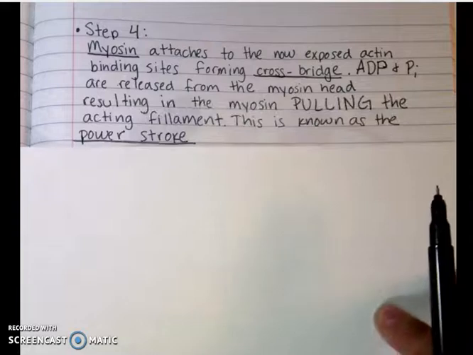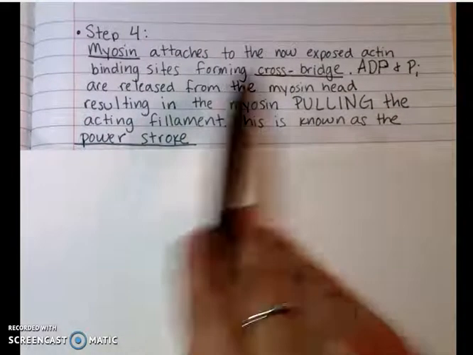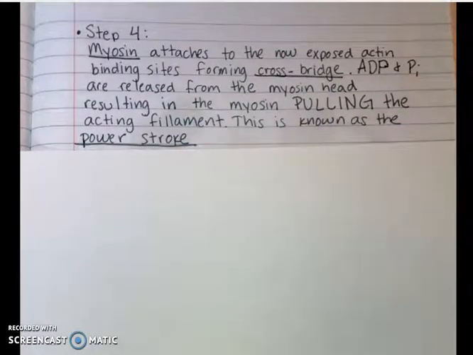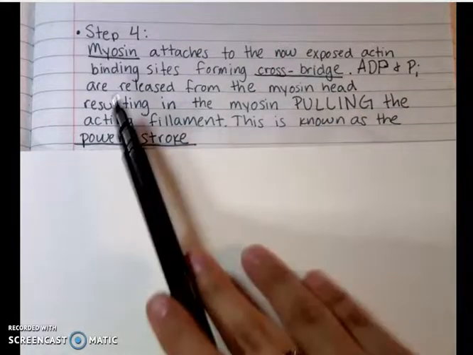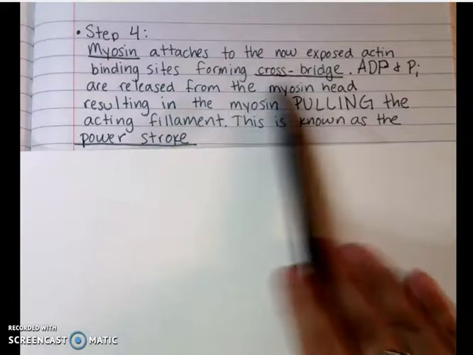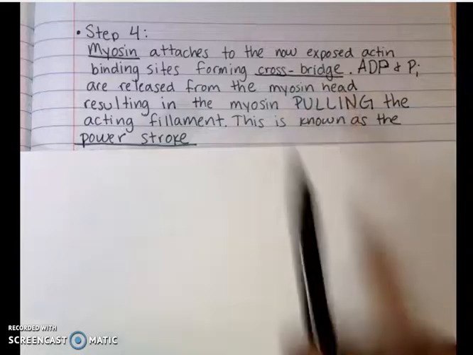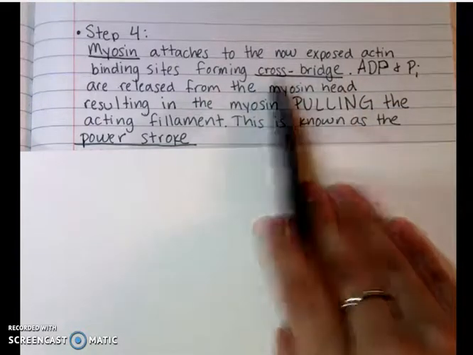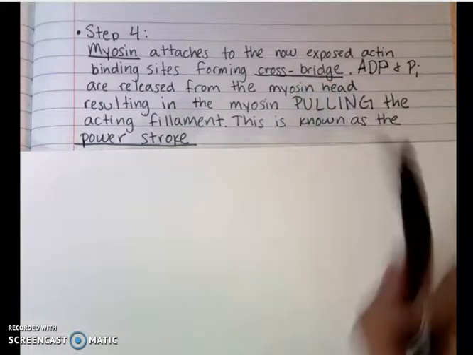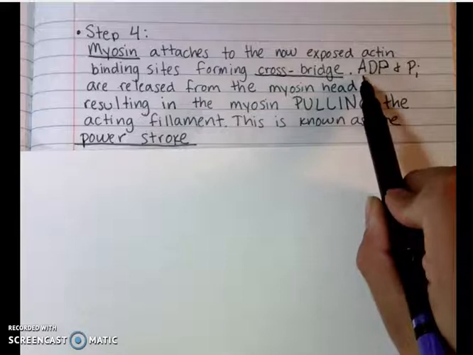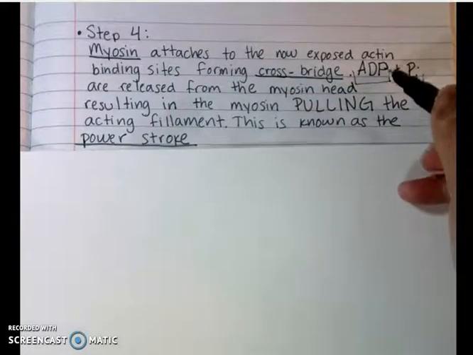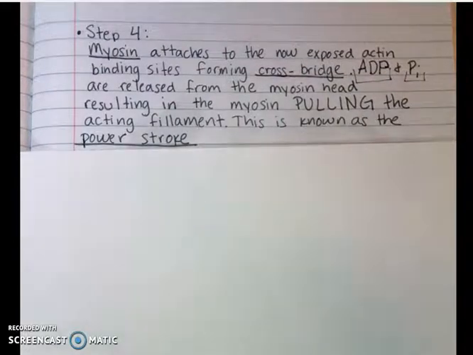All right, now that the binding sites are exposed on actin, that brings us to step number 4. Myosin is now able to attach to actin because we just moved troponin and tropomyosin out of the way. Once myosin attaches to actin, it forms something known as a cross bridge. Once this connection is formed between myosin and actin, the ADP, adenosine diphosphate, and inorganic phosphate that were attached to myosin are released.